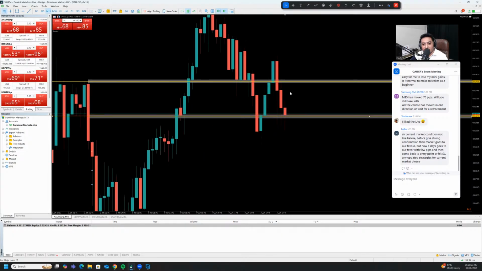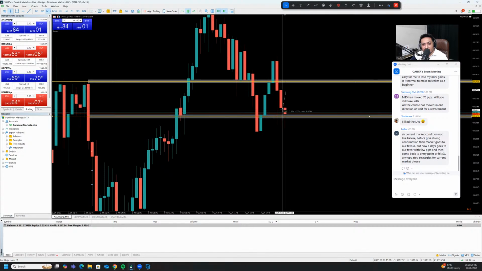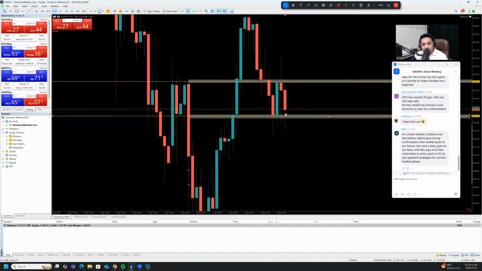The size of the previous 50-minute candle is about 30 pips, and this candle is about 20 pips. So the size is getting smaller. I need a 30-minute candle to close below the support if I want to take a sell. It's my plan, and I will stick with my plan. Make sense? Okay, I like the line.